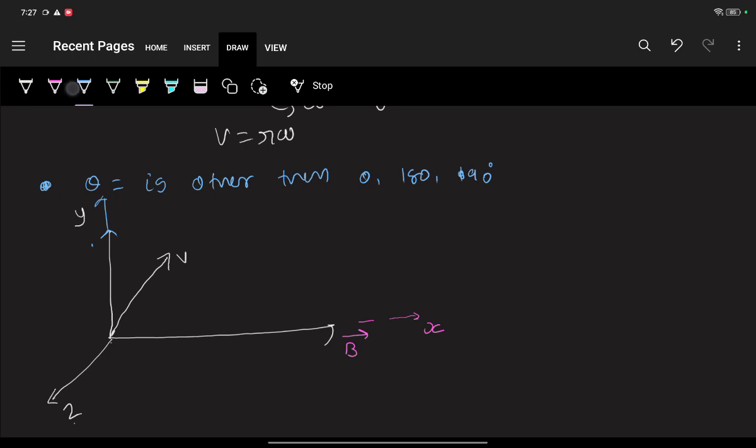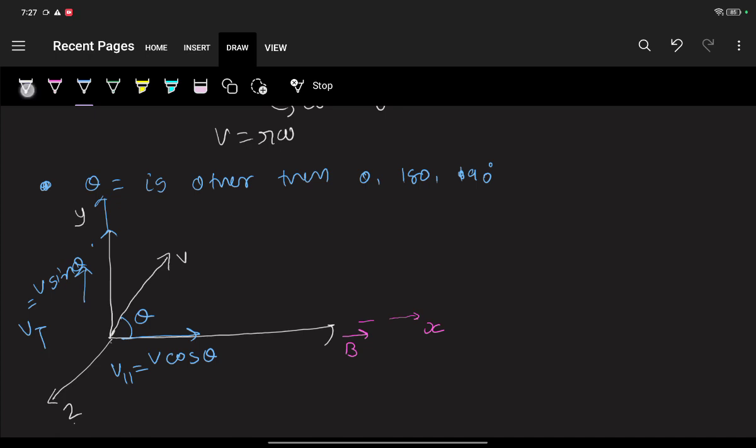You know that we can always take components of this velocity, right? This one would be v cos theta, this one would be v sin theta. Yes or no? Yes, sir. This is the parallel component, this is the perpendicular component.